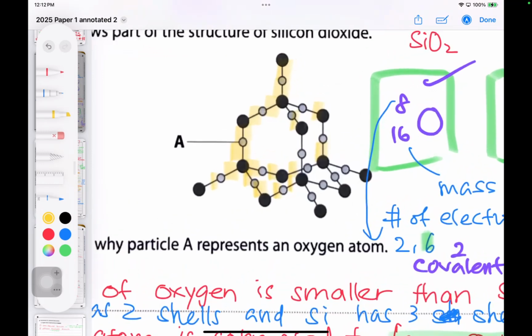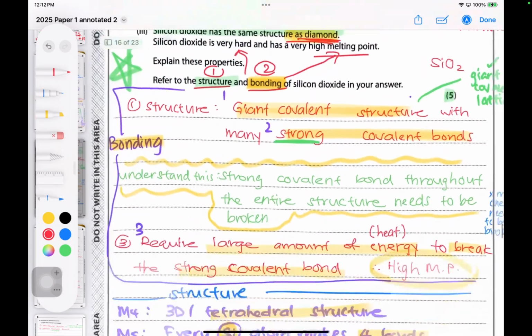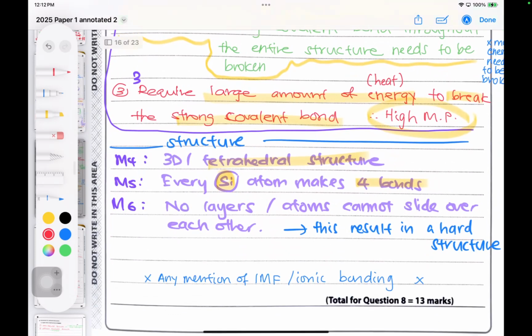Since we have already established that A is our oxygen, that means the black and bigger atom here will be our silicon. Our silicon, the one right in the middle is easier for you to see, is connected to 4 other oxygen atoms. And using that will help you structure your next mark. So tetrahedral, because every silicon is bonded to 4 other oxygen atoms. Just writing these 2 alone will have gotten you your 4th and 5th mark. That basically means you have full marks here already.